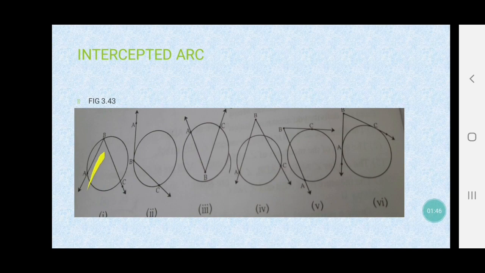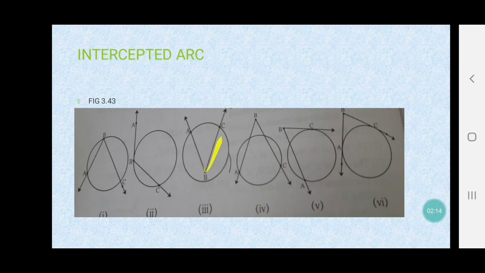In the first one, an angle is drawn which is intercepting arc AC. In the other one, an angle is drawn in which one of the arms is intersecting and one is just touching and passing. So the arc intercepted by it, we will call it BC. In the next figure, what do you see?